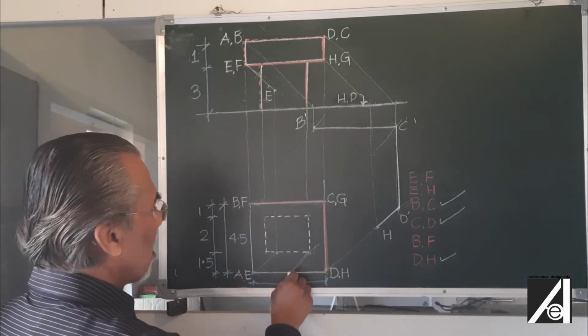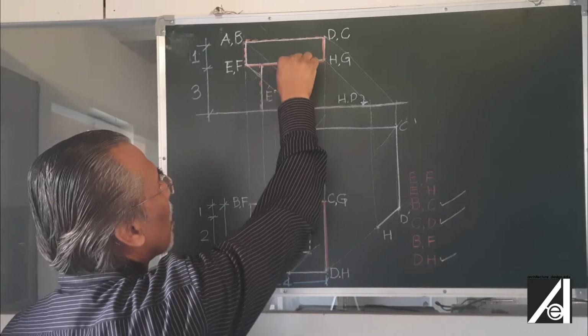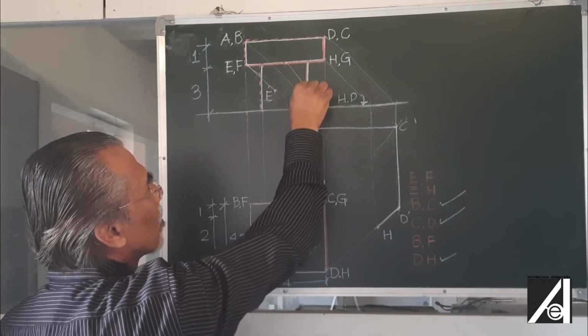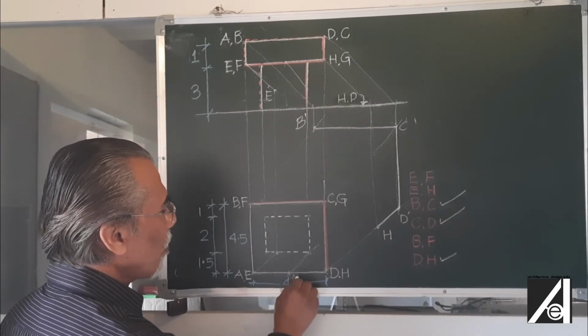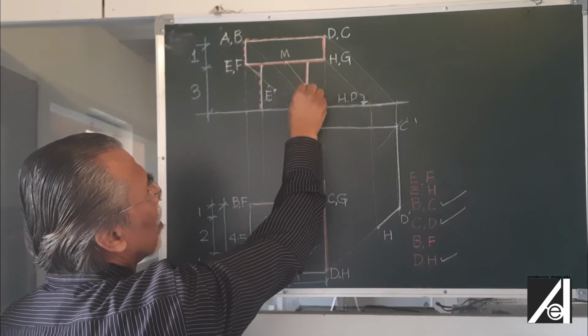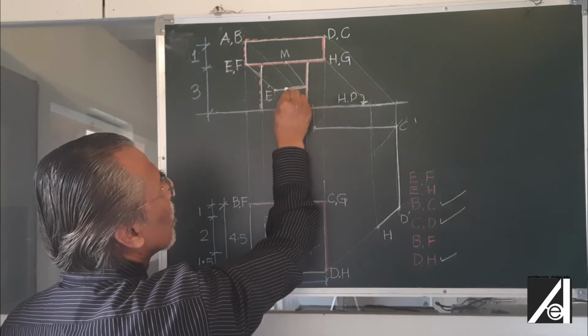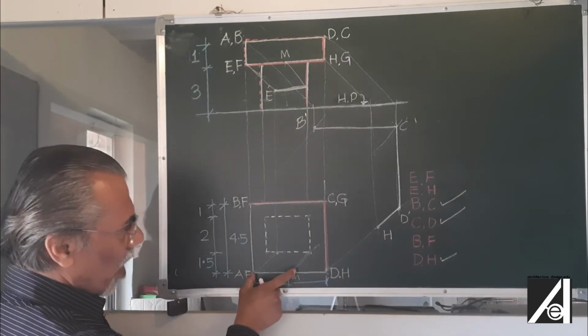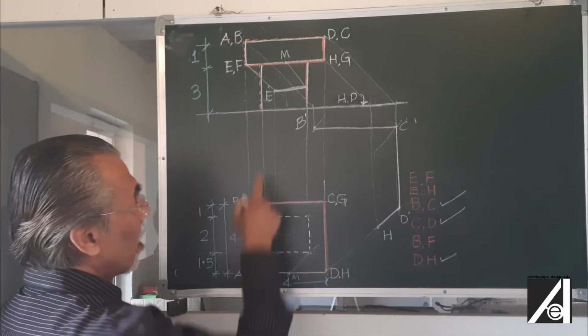The same point I will project in the elevation, which may come here, and this will be the last point. Let us say this point is M. So this M projection is here and this M point projected here. So this and this I join. So this becomes part of the shadow of edge EH.